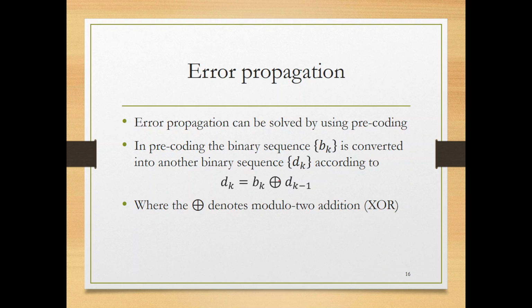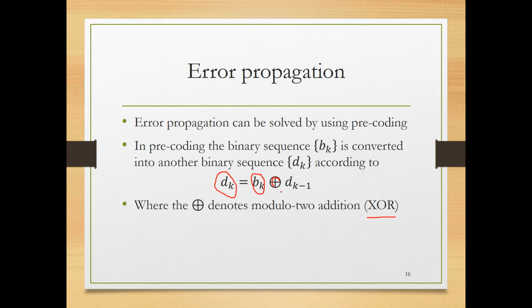Precoding is basically an XOR operation between the data bits before I use pulse amplitude modulation. So basically, the new data bit stream will be equal to the original data stream XORed with the previous bits of the output data bit stream. We will explain this and you will understand it very deeply by giving an example later on.